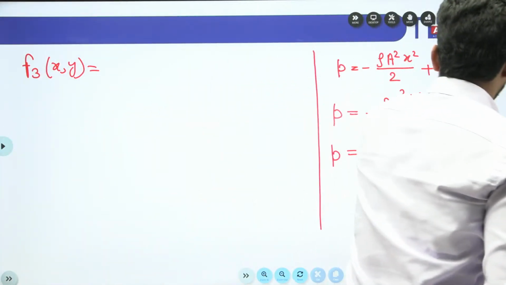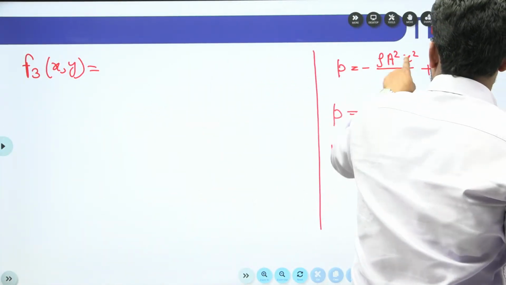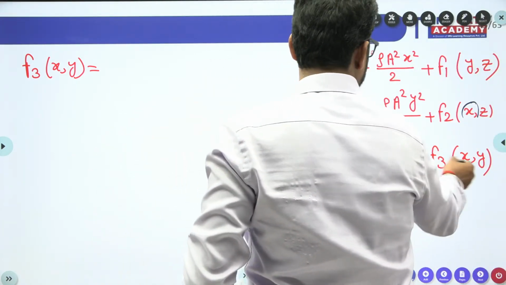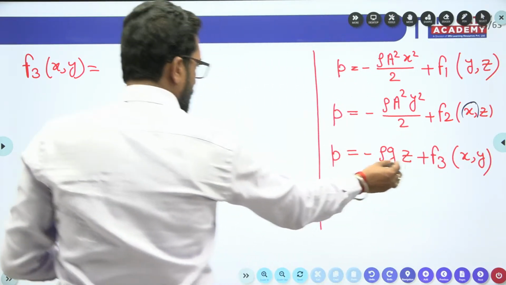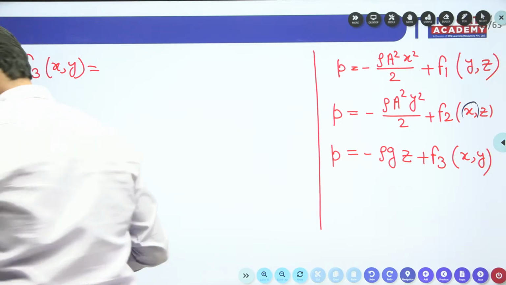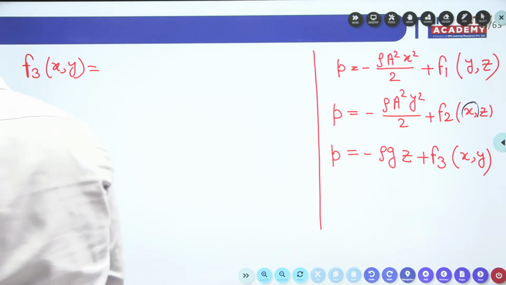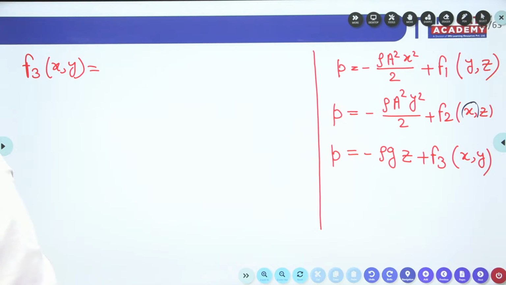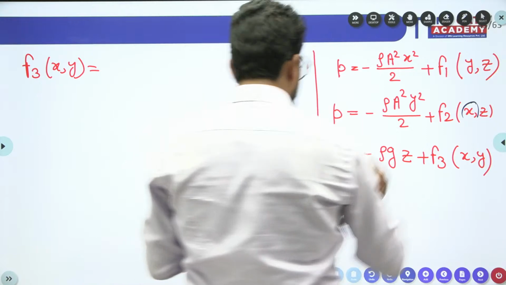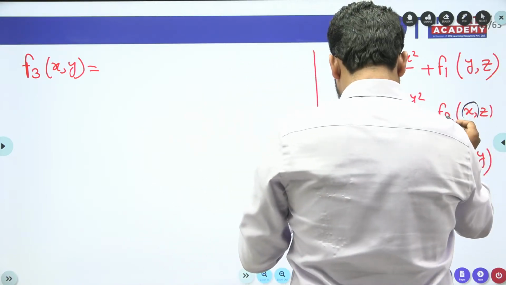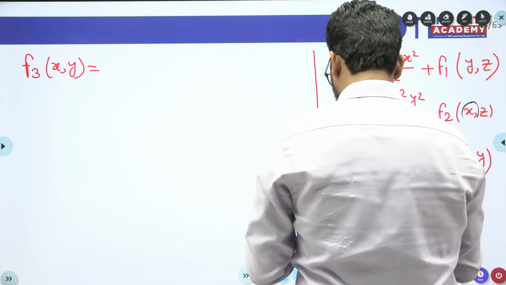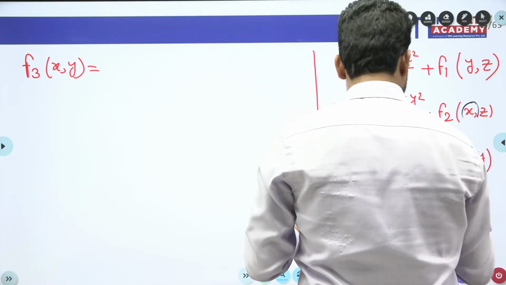X here, Y here. Put that one. So there is FXY, F3. One second, we'll check. No problem at all. Beta, there is some confusion. One second. X momentum, F1 YZ, F2 XZ, F3 XY.